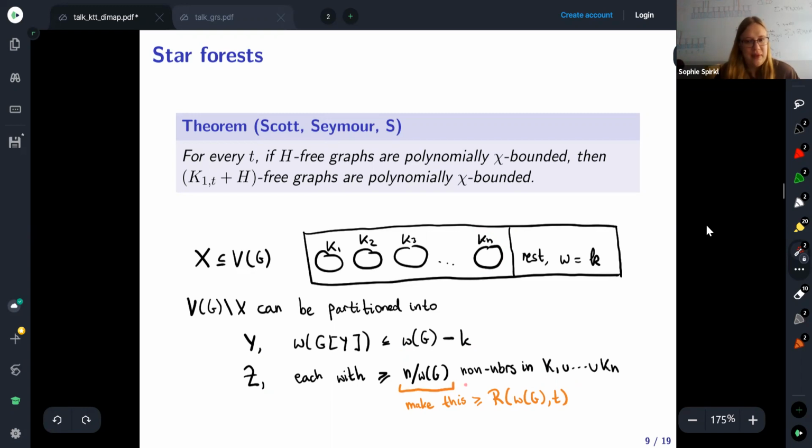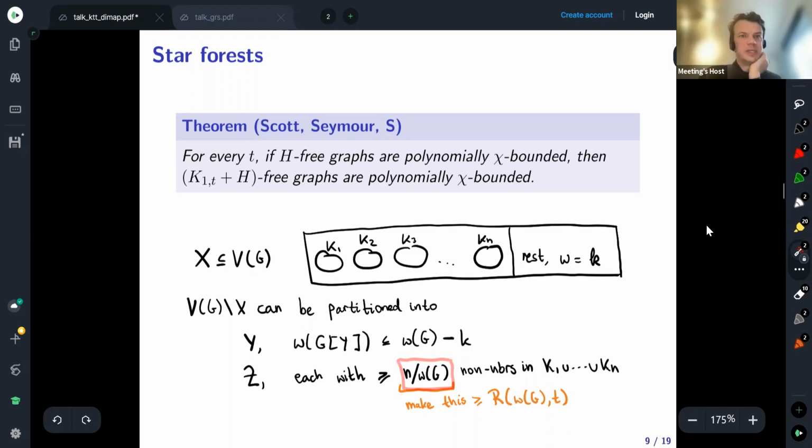And what remains, if you had a clique of size bigger than that, then each vertex in that clique would have very few non-neighbors in K1 up through Kn. In fact, this is not enough to have one non-neighbor in each of them.